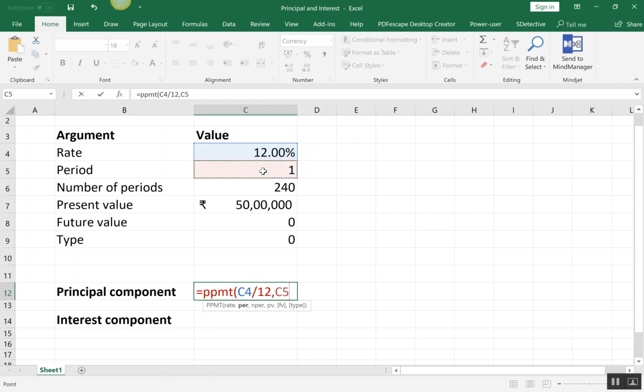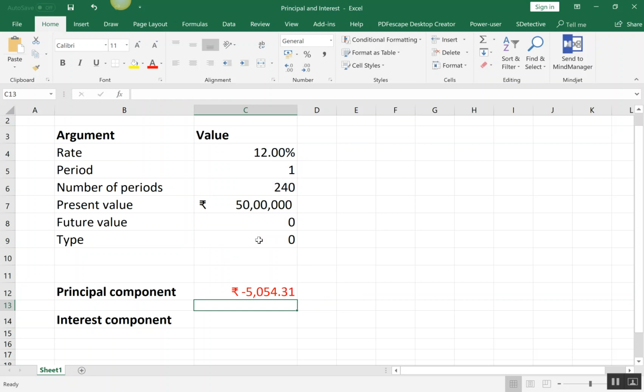Then we take period, then number of periods, the present value, the future value, and then finally 0 stands for the end of the period and 1 at the beginning of the period. So we are assuming that we are making the payment at the end of the period, and that's why we are taking 0, right? So the amount that is coming up is 5054. So we have used the ppmt function over here, right?